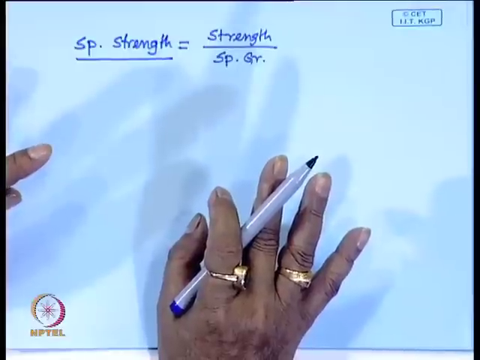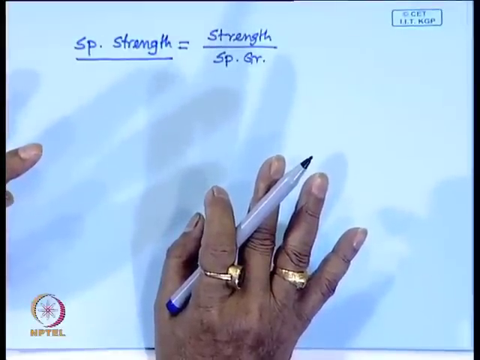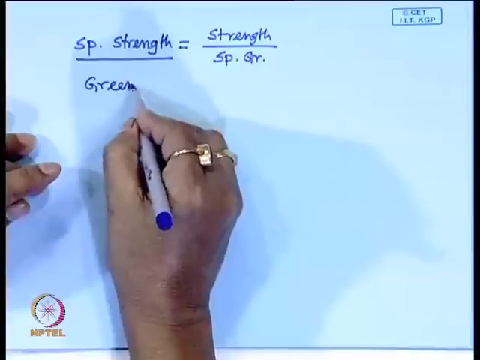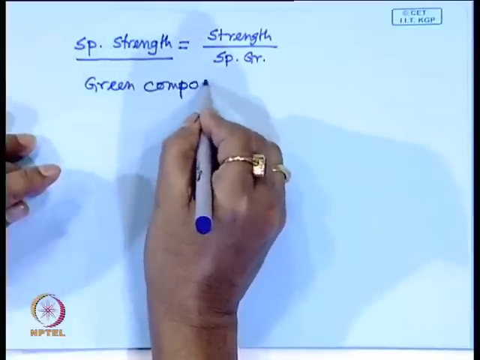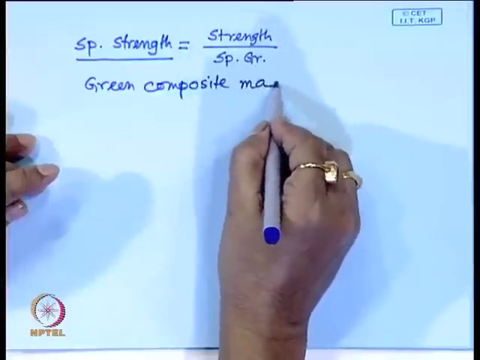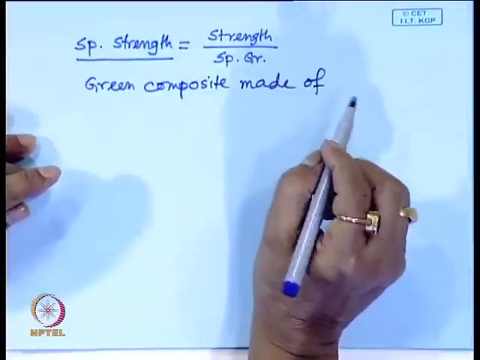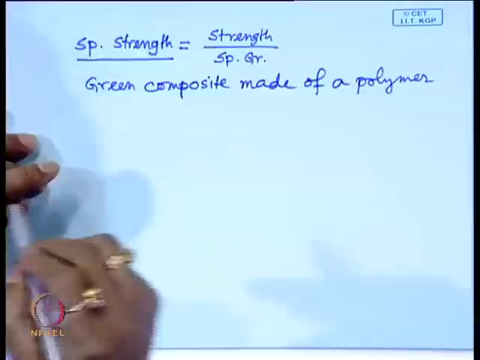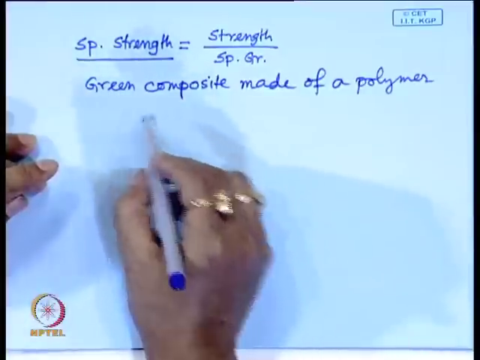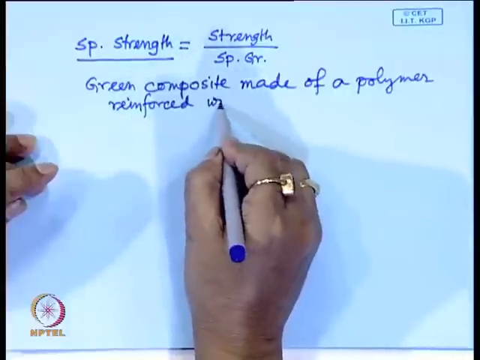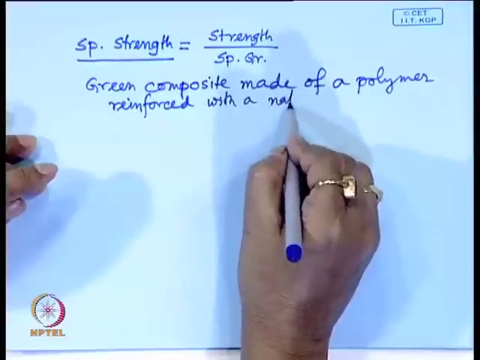Today automobile vehicles are thought of as fully green composite. What is green composite? Made of a polymer reinforced with a natural fiber.